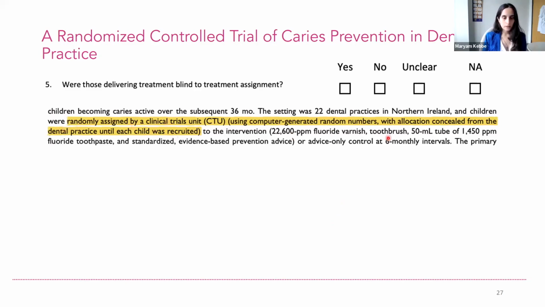So this is actually retrieved from the abstract. Sometimes the authors may include this information in the abstract and not repeat it in the actual body of the manuscript. So here they say that allocation was concealed from the dental practice until each child was recruited.